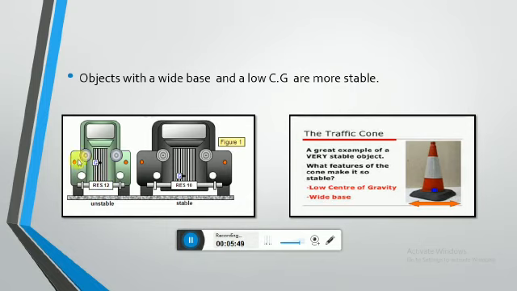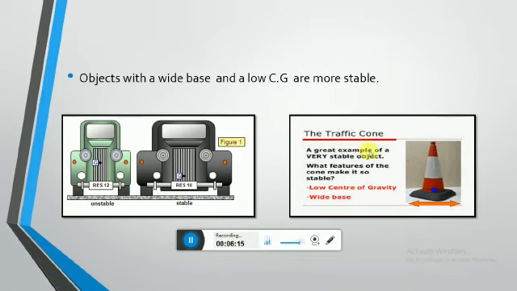This car has a small base, not wide, and this other car has a wide base. A car having a wide base is more stable than one having a small base. And similarly, the low center of gravity. Why low center of gravity?